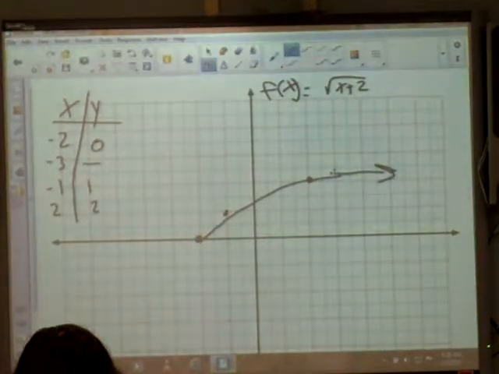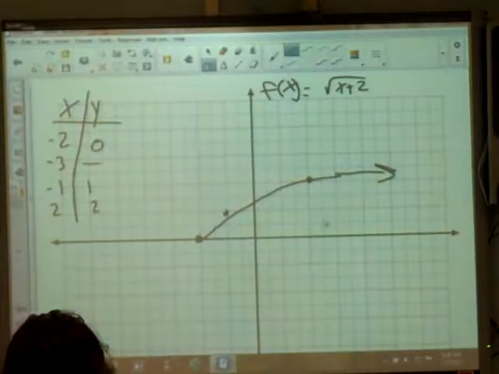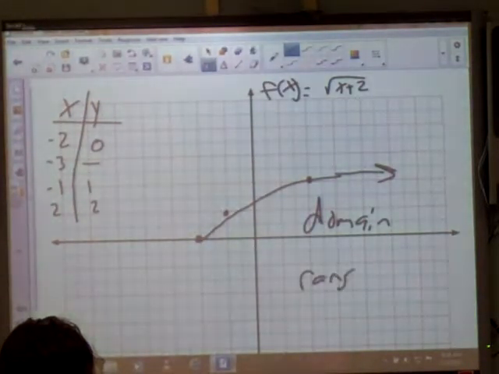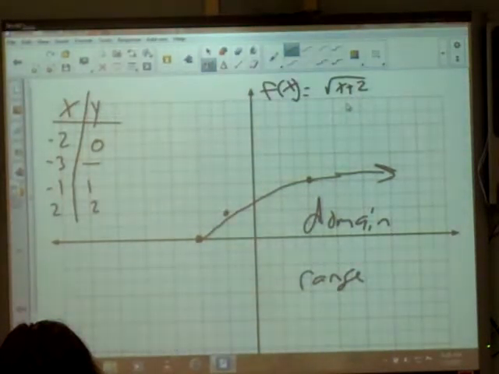And now what you're going to be asked about on these are domain and range. Domain is your x's. It's what you do left to right. We know we can't be smaller than -2 because that would make it imaginary. So my domain has to go from -2 to infinity.